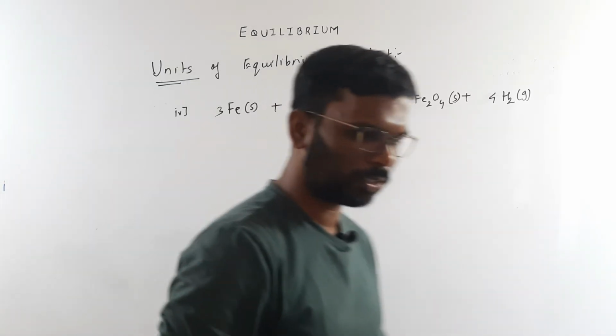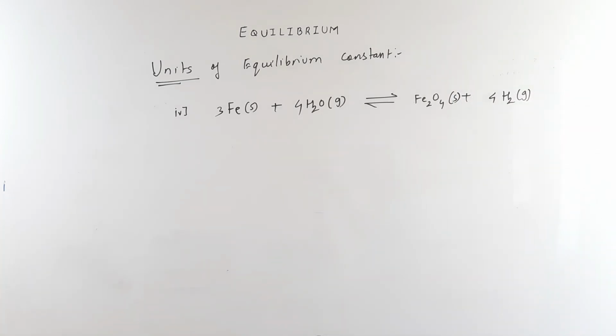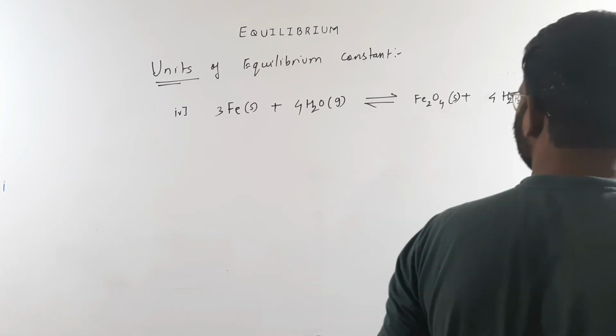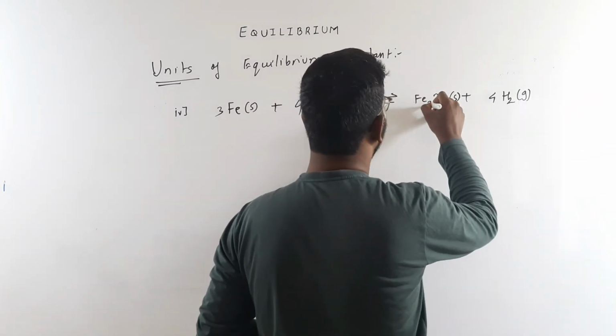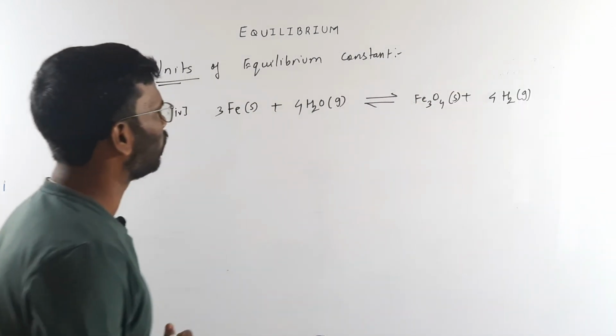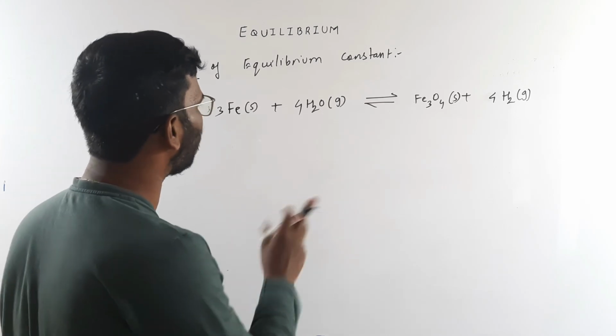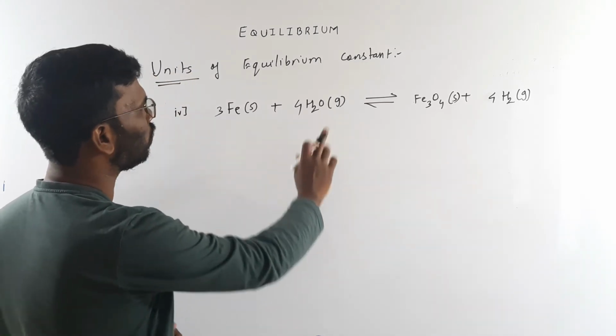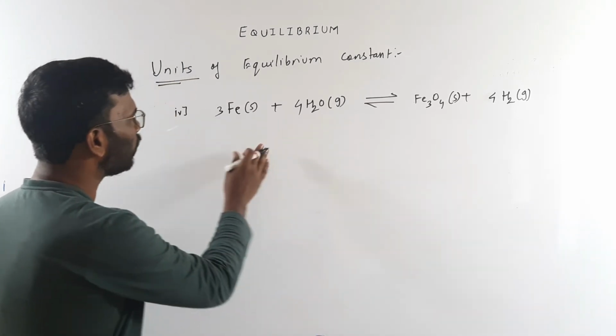Just give me a second. Okay, there was a mistake: Fe3O4. Now I guess the reaction is balanced, 8 oxygens on both sides. Yeah, so this is the reaction.